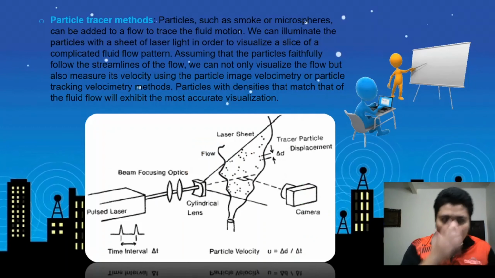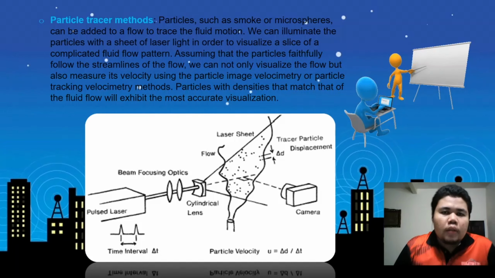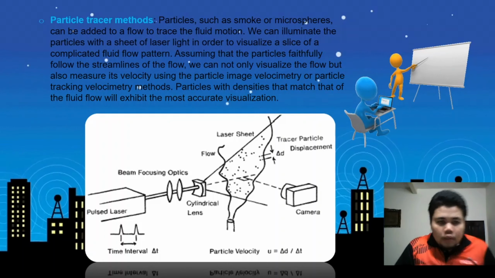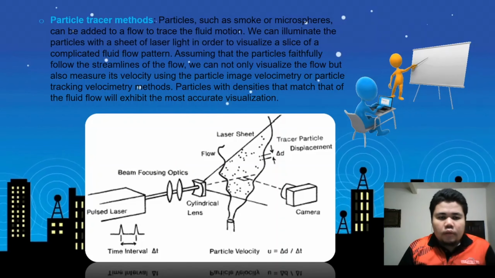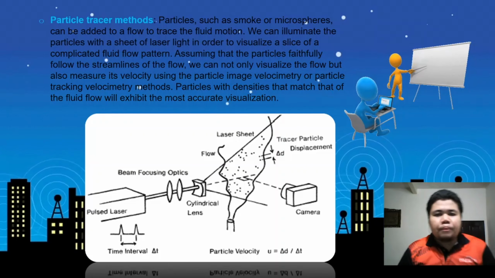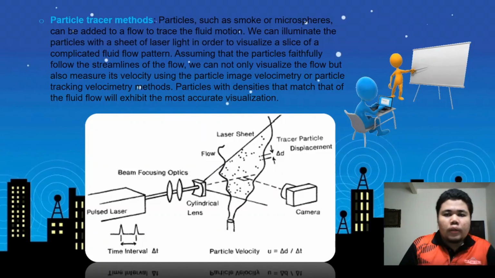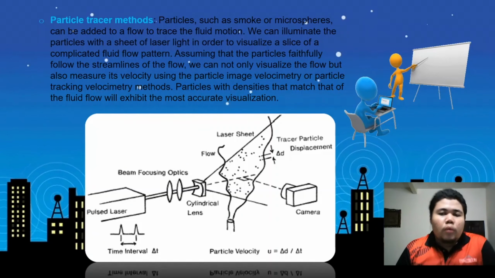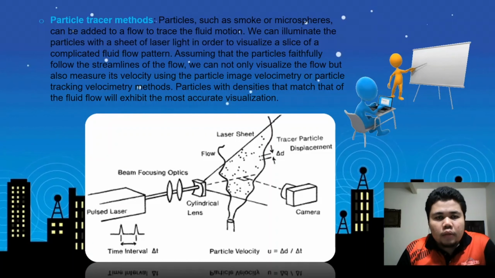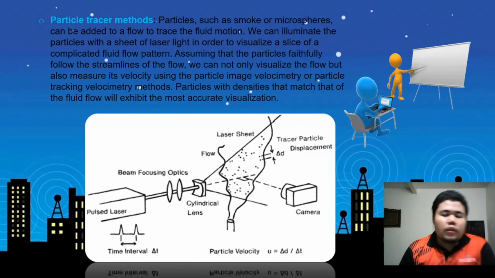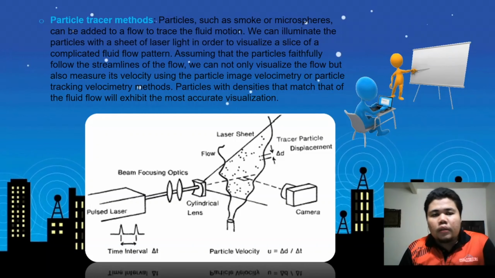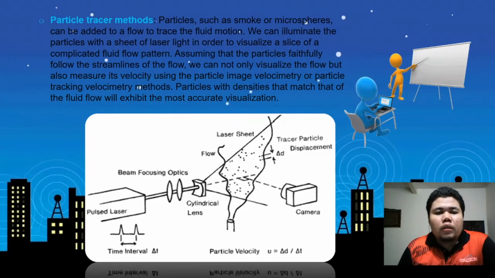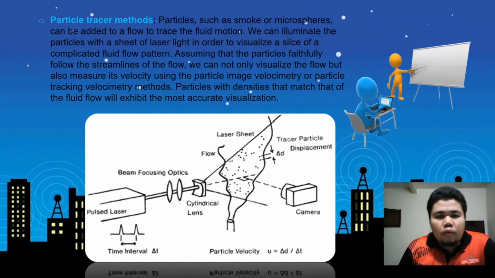Next is the particle tracer method, which, as you can see on the diagram below, uses a pulse laser. Particles such as smoke or microspheres can be added to a flow to trace the fluid motion. We can illuminate the particles with a sheet of laser light in order to visualize a slice of a complicated fluid flow pattern, assuming the particles faithfully follow the streamlines of the flow.